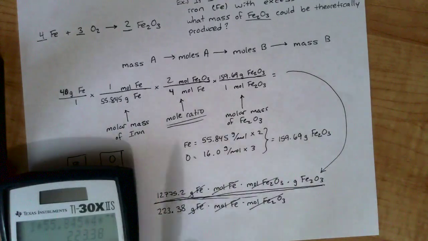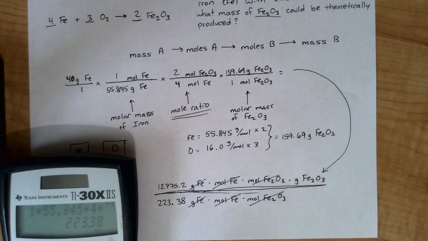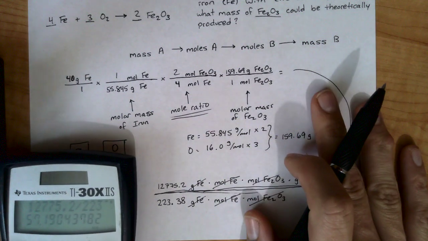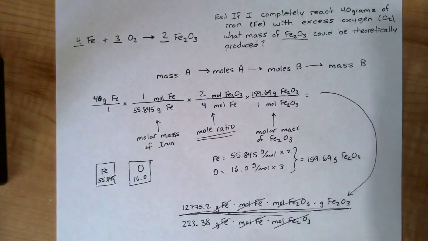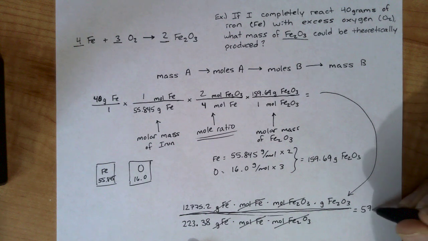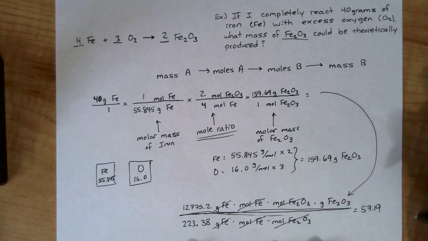And then the math for our numbers, we will say 12,775.2 divided by 223.38. Bang, 57.19. And you can keep it that simple. You don't need to go to a billion decimal places. 2 is usually fine.